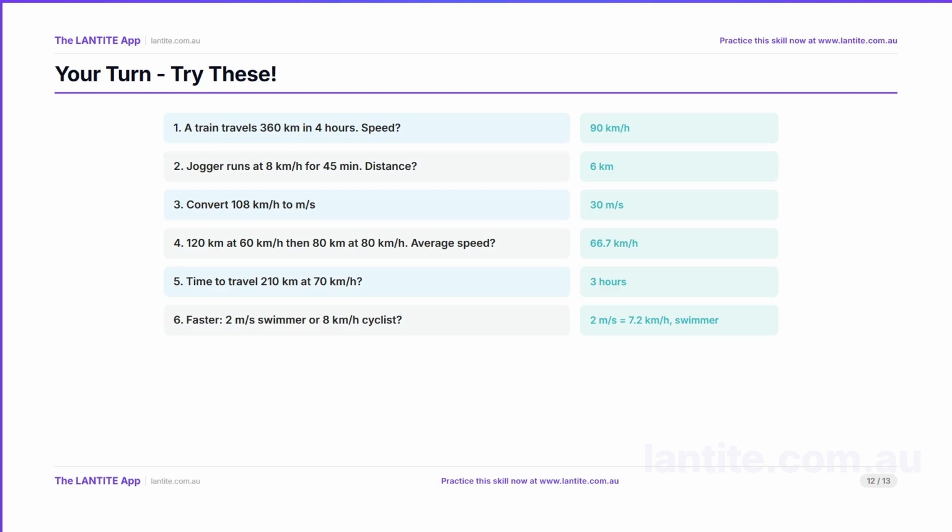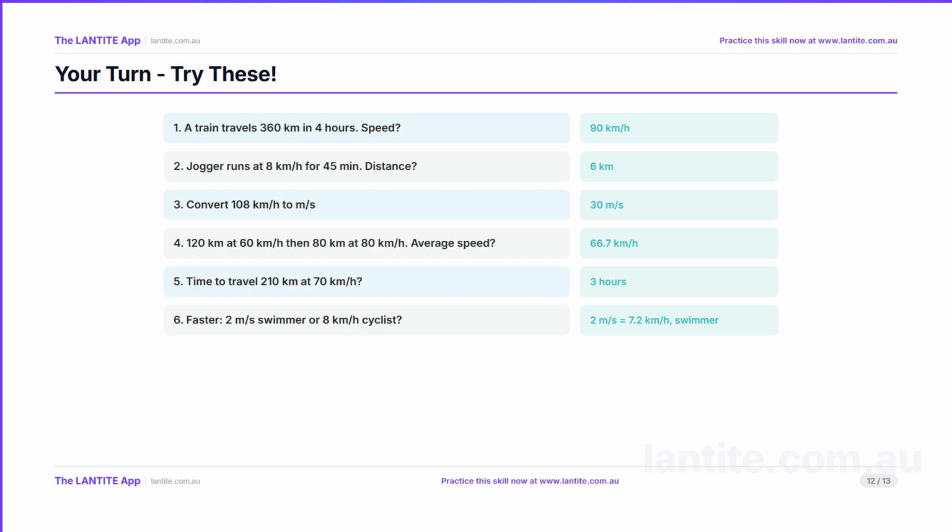Now it is your turn. Pause the video and try these 6 problems. Problem 1. A train travels 360 kilometers in 4 hours. What is its speed? Problem 2. A jogger runs at 8 kilometers per hour for 45 minutes. How far does she run? Problem 3. Convert 108 kilometers per hour to meters per second.